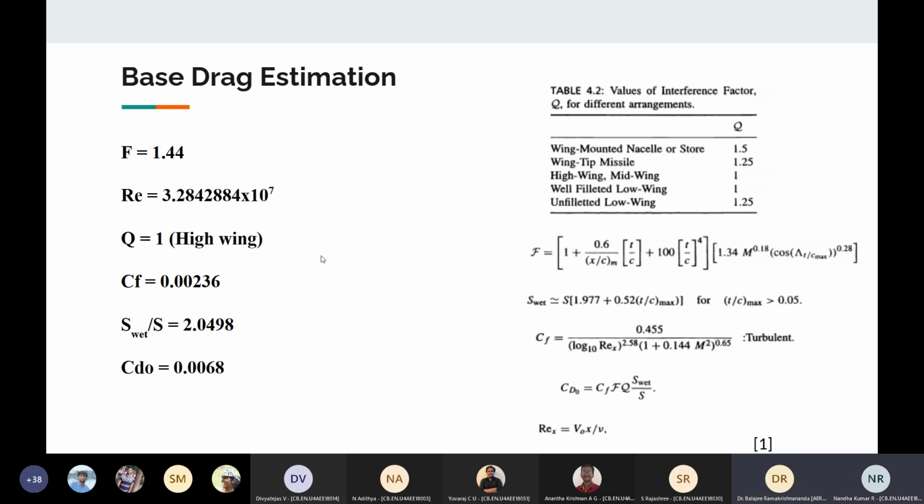At very high CL, what will be the angle of attack? Very high angle of attack. Sir, I have to calculate, sir. Generally, with high CL, you expect high angle of attack, right? Yes, sir. High angle of attack, yes, sir.